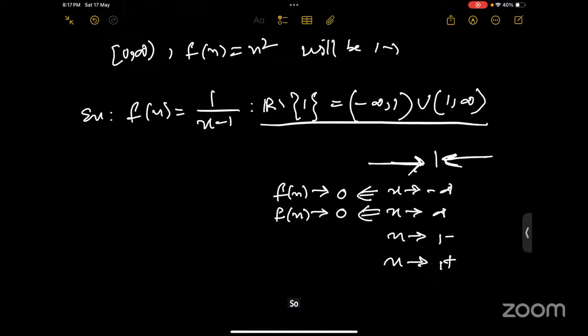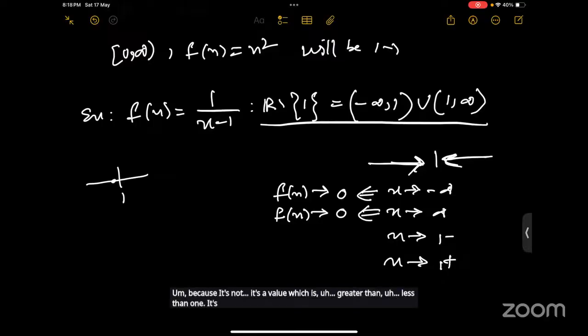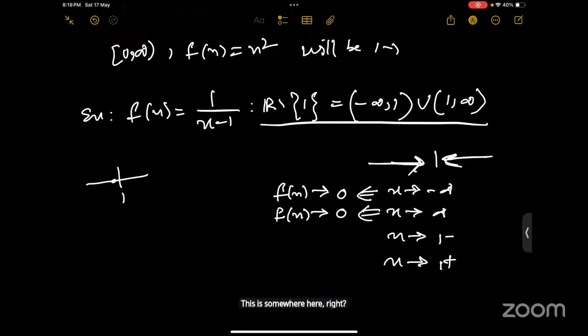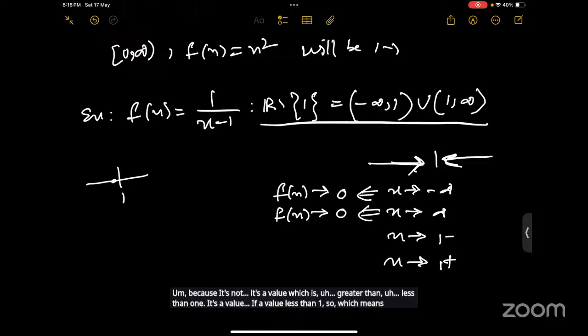Why is it so? Because x is a value less than 1, somewhere here, so it should be minus, right?